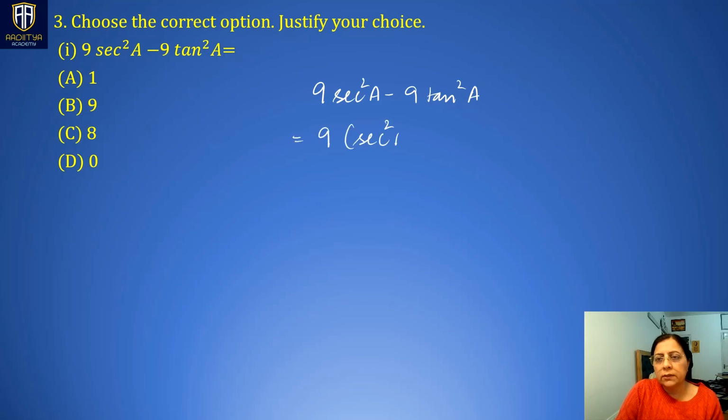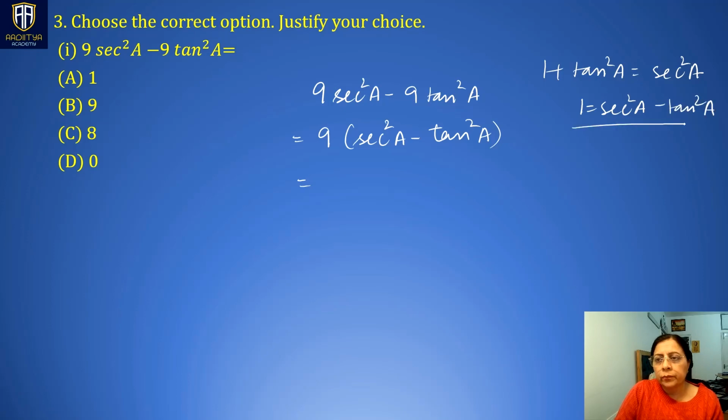So we have secant square A minus tan square A. And from the identity, 1 plus tan square A is equal to secant square A, we can write this as 1 is equal to secant square A minus tan square A. Right? So we can replace secant square A minus tan square A by 1. So this becomes 9 multiplied by 1 is equal to 9. So option B is the right answer. Answer is option B, that is 9.